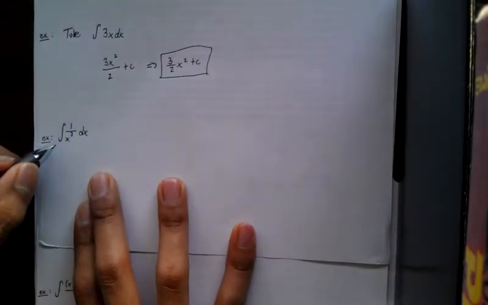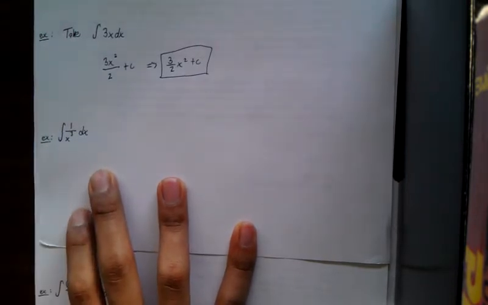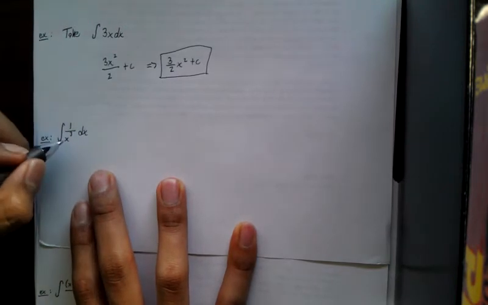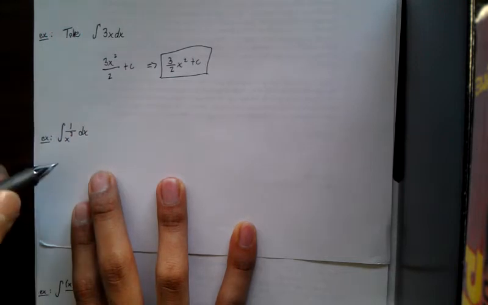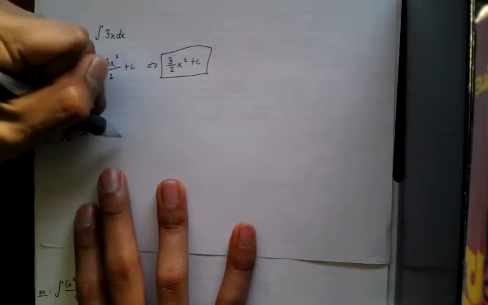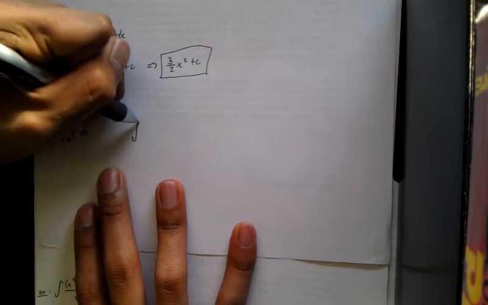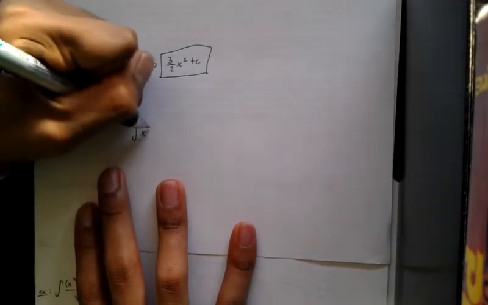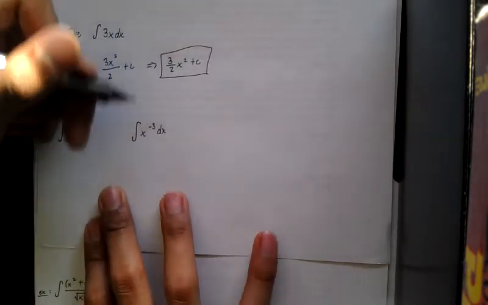Next example, take the antiderivative of 1 over x to the third dx. Now, since there's no quotient rule or product rule when you're doing antiderivatives, you always want to make everything in a straightforward line, as one continuous polynomial. So I could rewrite this as x to the negative third dx, and then you just do the same rules.